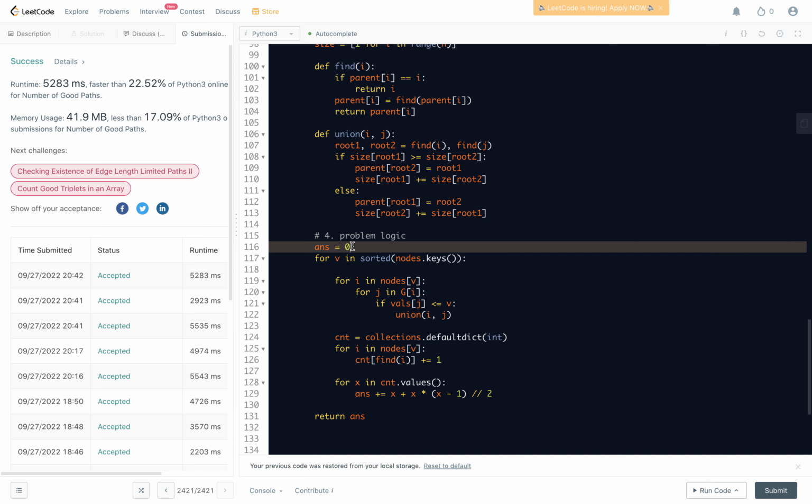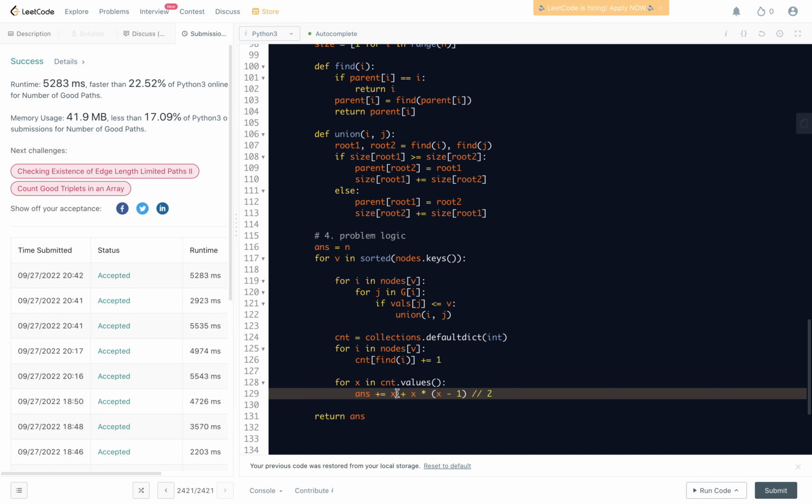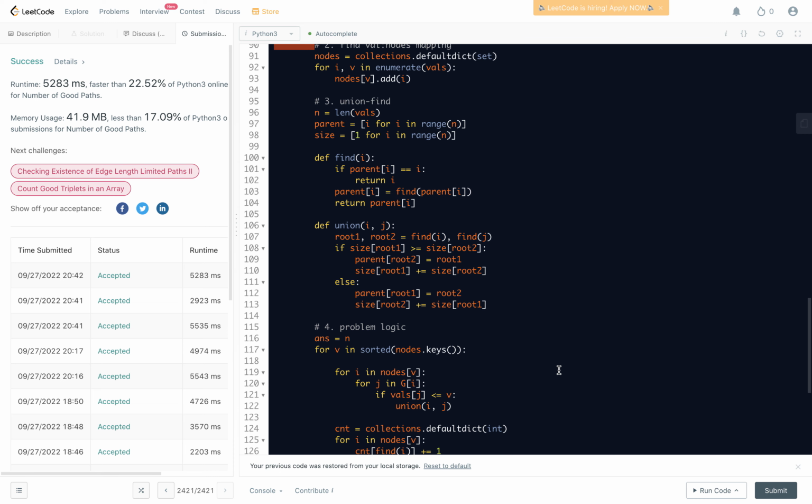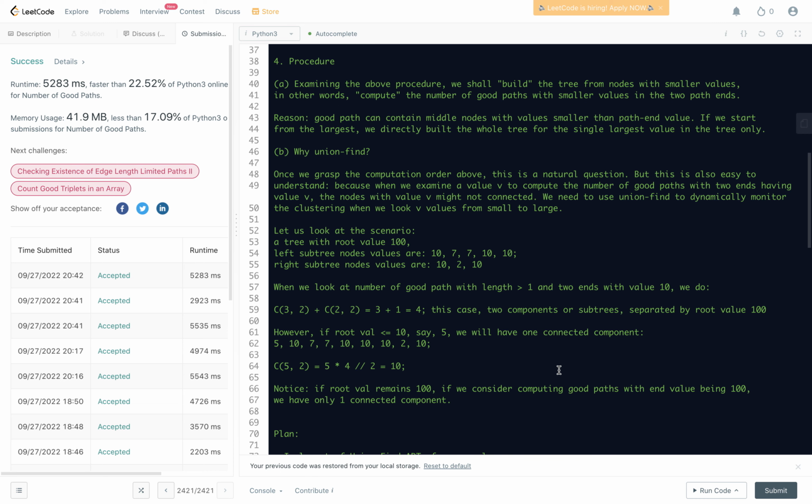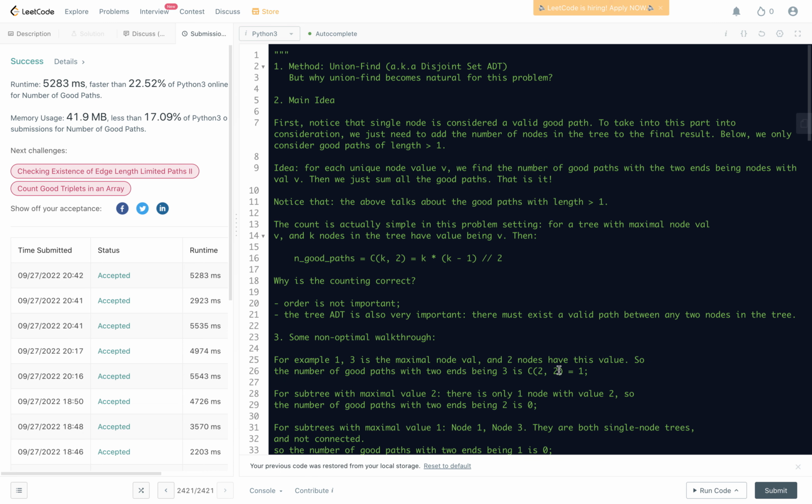Let's do a check again. Yeah, it also passes the test. So let's change back to here is n, because we actually first counted all the single node paths, and here let's not add this x. So that's a solution format for this specific problem.